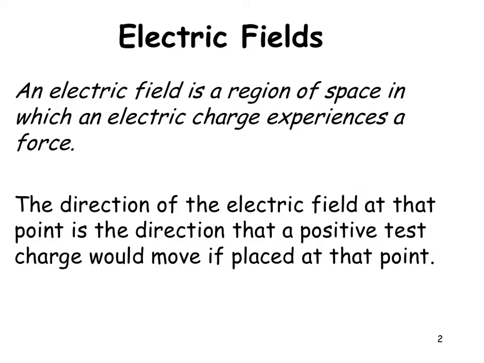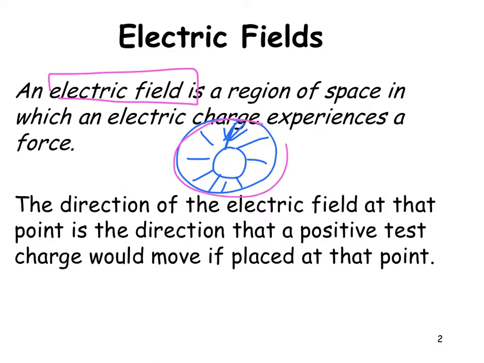By definition, an electric field is a region of space in which an electric charge experiences a force. Very much like gravity. I mean, around the Earth, in this region of space, there is a region of space in which objects are attracted to the Earth in a gravitational field. And the very same thing is true in an electrical field. It's a region of space around a charged particle that would experience that if I put another little charged particle in there, it would experience a force.